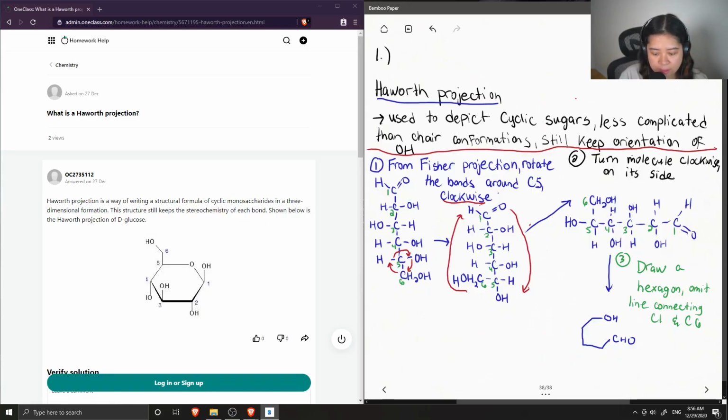So I'm just going to show that carbon 6 is up here.